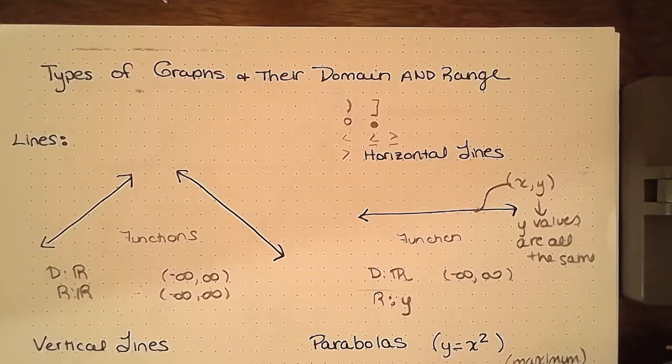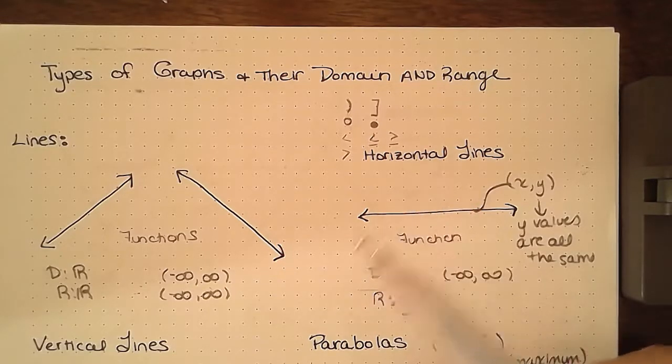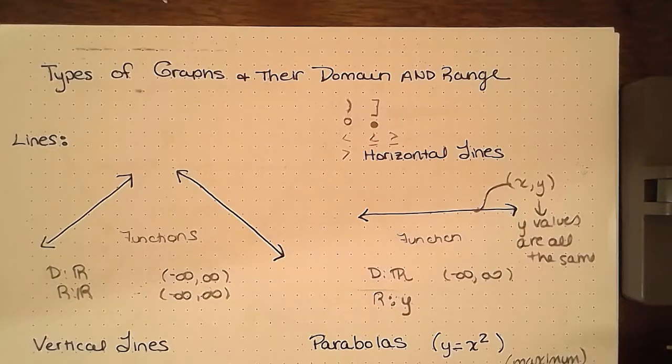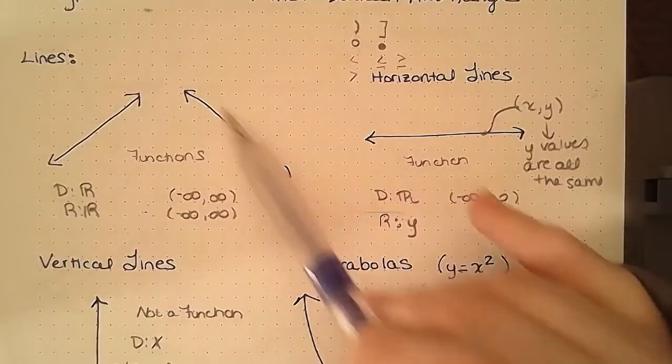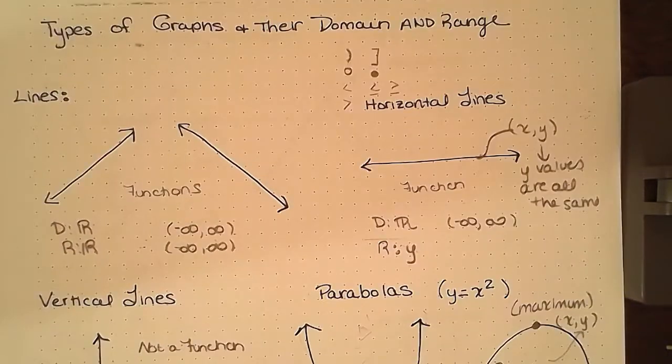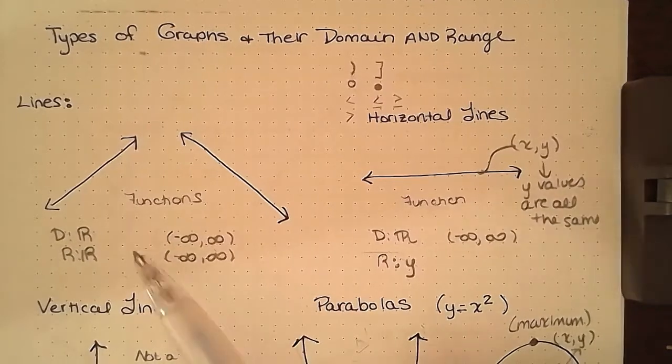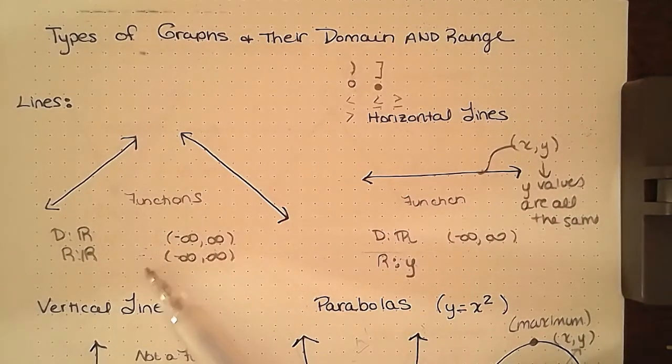And this is for continuous graphs, which means lines, parabolas, and stuff like that. So here's an example. All lines that go up or down, that have a positive or negative slope, are functions, and have a domain of all real numbers and a range of all real numbers.